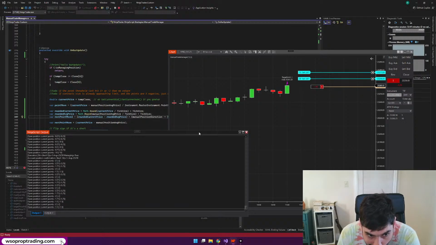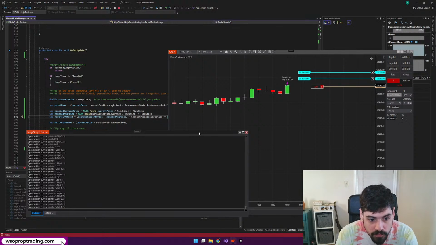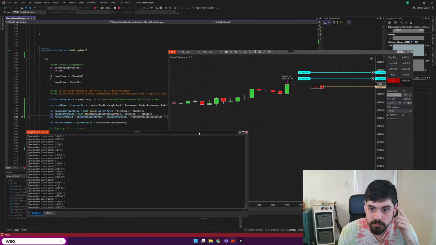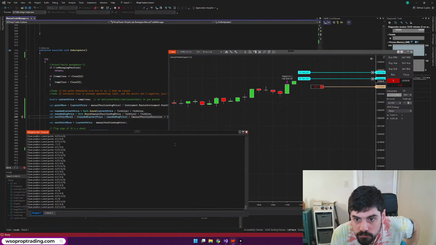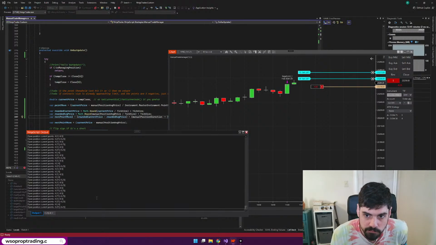Order filled. It's hard to see. I don't think they're matching now. I think it's like 0.25 off.